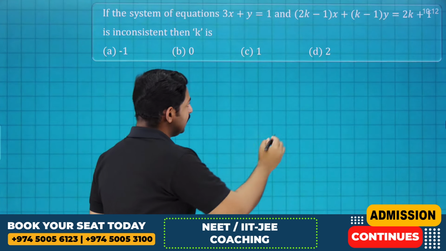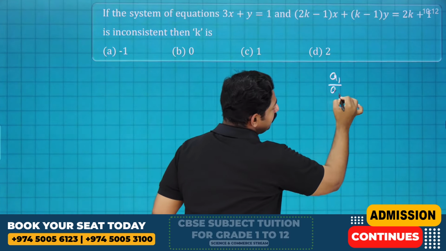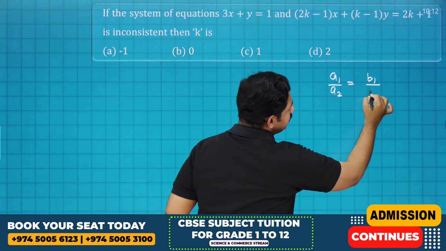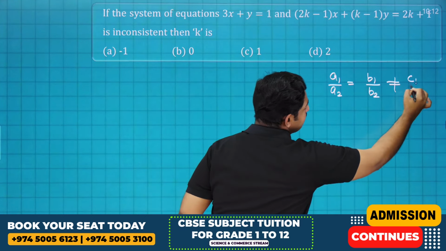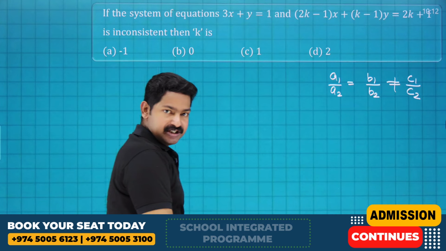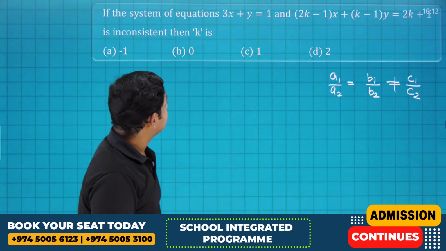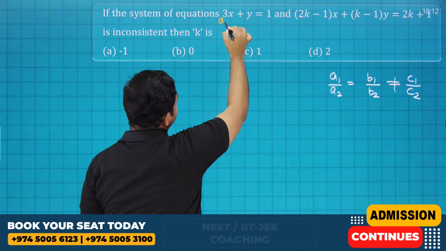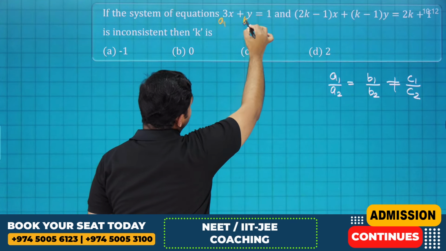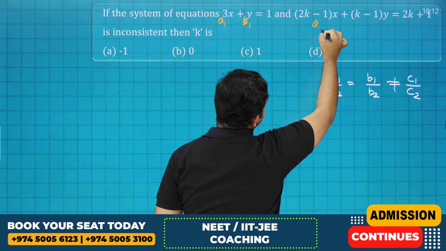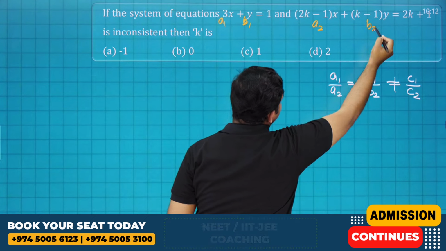In that case, what is the condition? A1 by A2 is equal to B1 by B2, which is not equal to C1 by C2. This is the condition. From the equation you can take this as A1, this as B1, this will be A2, and this will be B2.